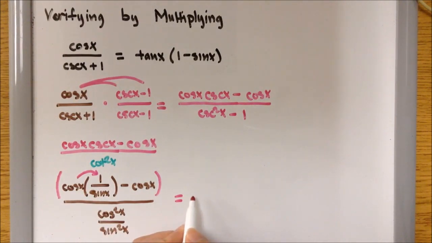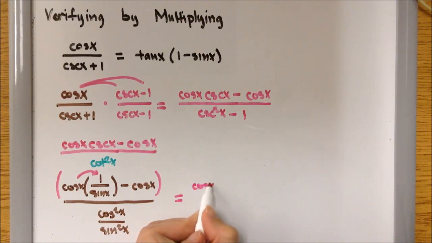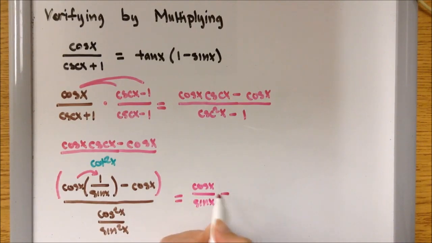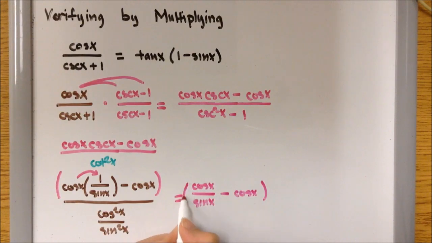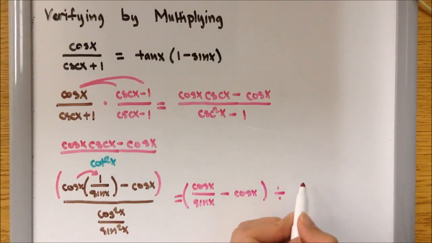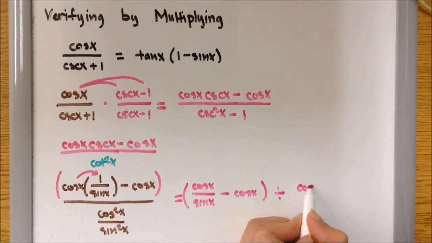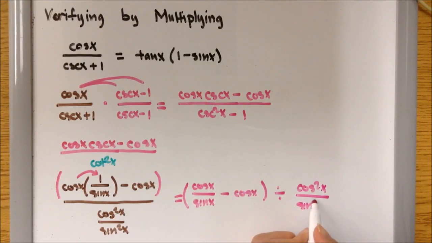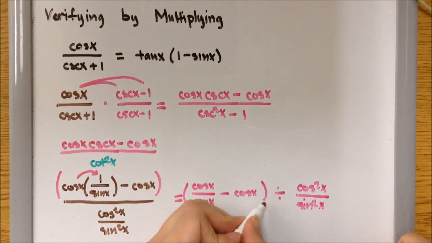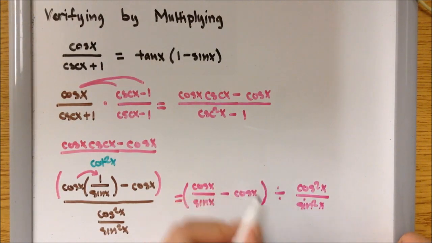So, in the first part, we're going to have cosine of x over sine of x minus cosine of x in parentheses divided by this, cosine square x over sine square x. Again, I put this in parentheses because we had multiple parts in the numerator.